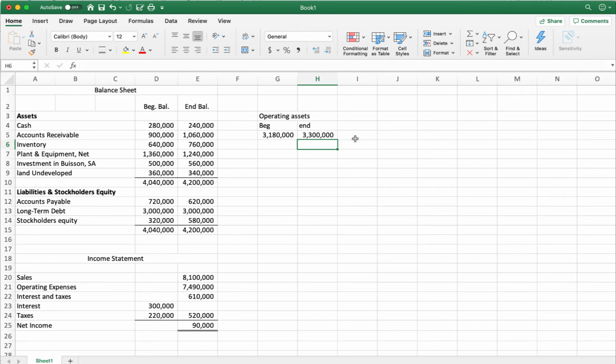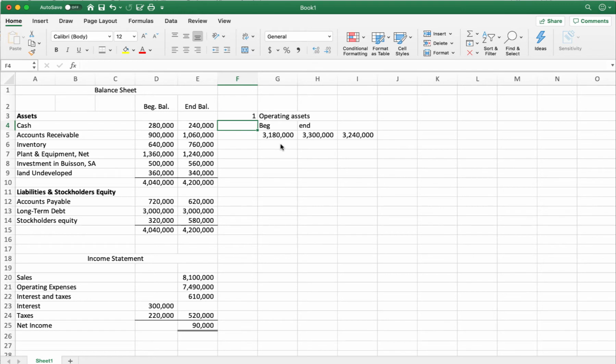So to figure out the average operating assets, I'm going to add my beginning operating asset value plus my ending operating asset value, and then divide by 2. So I see that the average operating assets are 3,240,000. And that's the answer for 1.